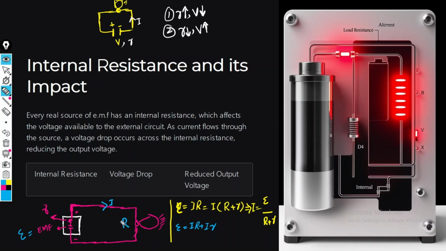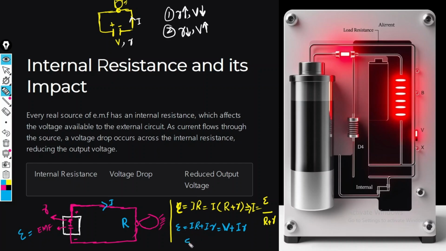Here, I passed through this R is equal to V, so V is equal to IR. So I am going to write V instead of this IR. The electromotive force is V plus I and this small r. So this is the equation for the electromotive force.